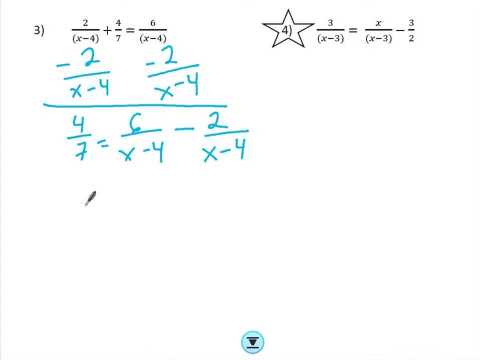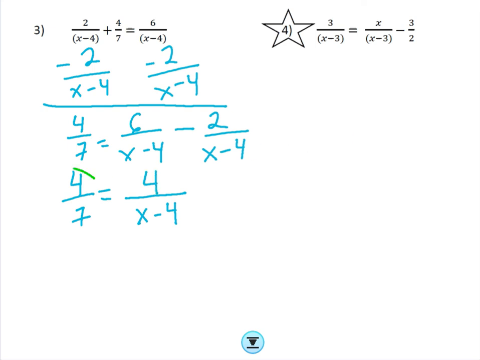And just like we talked about in our previous example, when we are subtracting or adding fractions or rational expressions, we need a common denominator, and then we keep that denominator as it is and subtract or add the numerators. In this case, 6 minus 2 is 4.